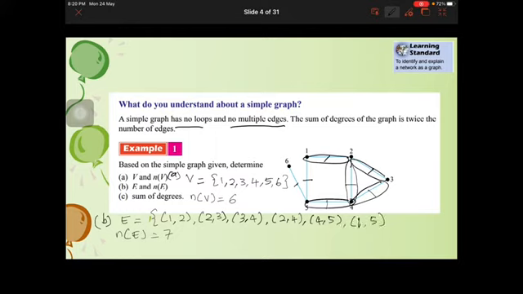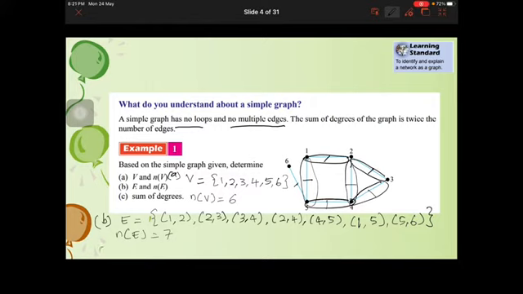You can write it as 1 5 or 5 1, it's the same thing. This one is the same thing, and another one is 5 6. That means they connect the vertices, for edges.